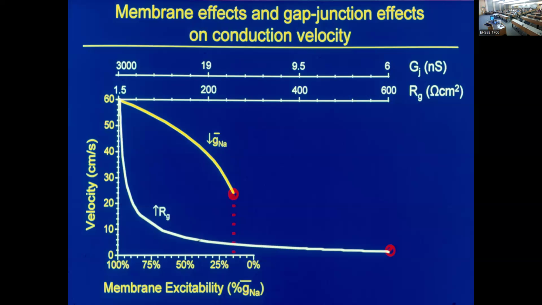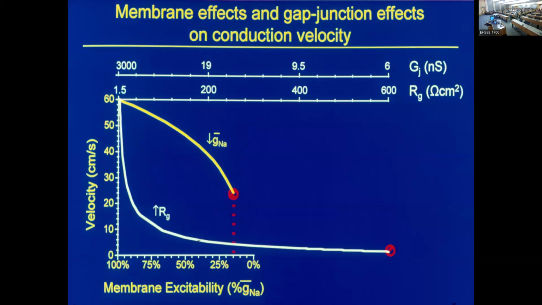You can see here that when you reduce excitability, conduction velocity, shown here, is decreased monotonically and goes down to about 20 centimeters per second. 50 or 60 is normal. This is normal tissue, 60 centimeters per second.